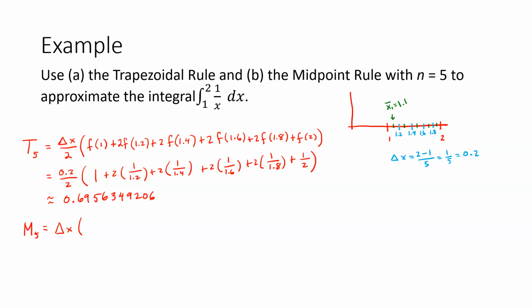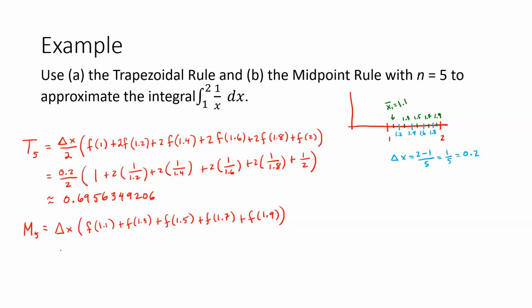Did the same thing here, 1.2 to 1.4, so the midpoint would be 1.3. Between 1.4 and 1.6, the midpoint is 1.5. Between 1.6 and 1.8, the midpoint is 1.7, and then the last midpoint here would be 1.9. Okay. So those would be the values that we're going to use for the midpoint rule. So it's just f of 1.1, f of 1.3, f of 1.5, f of 1.7, and f of 1.9.